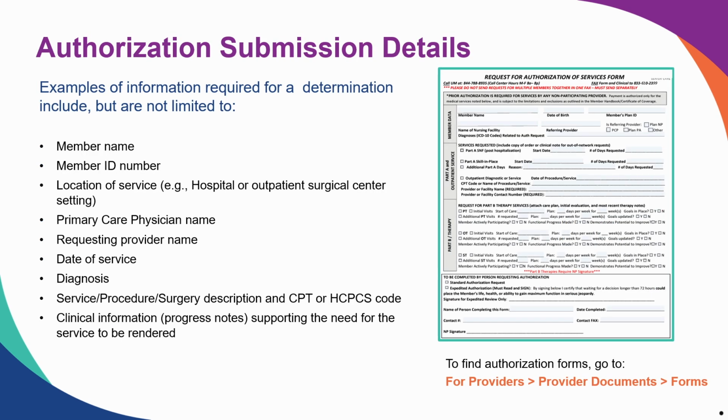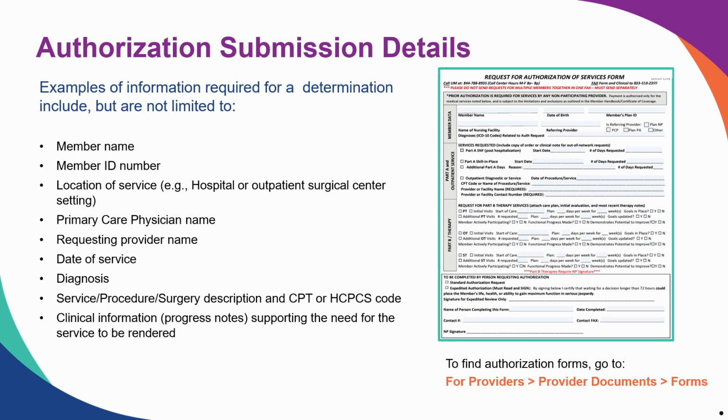What information is needed for an authorization? The following information is required for a determination: member name, member ID, location of service, physician's name, requesting provider name, servicing provider name, date of service, diagnosis, procedure code, and clinical information. I cannot stress enough how important the clinical information to support the need for the service to be rendered is in the determination process.